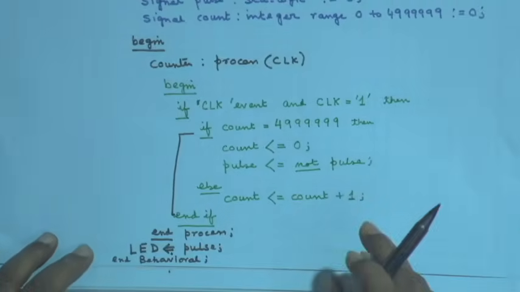All right. So, this is how I write a very simple VHDL code. Now, once I write this VHDL code, what am I supposed to do? After I write this VHDL code, there are tools.